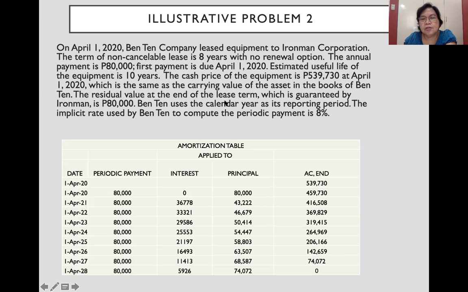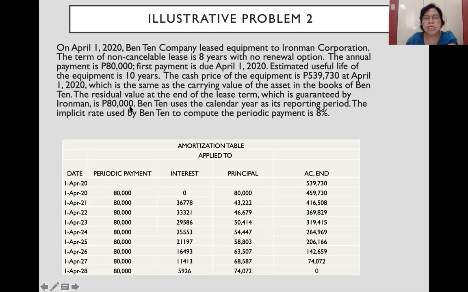The residual value at the end of the lease term, which is guaranteed by Ironman, is $80,000. Again, if ever the residual value falls below $80,000, then the lessee will be obliged to pay any deficiency to the lessor. Therefore, $80,000 is part of the finance lease receivable.